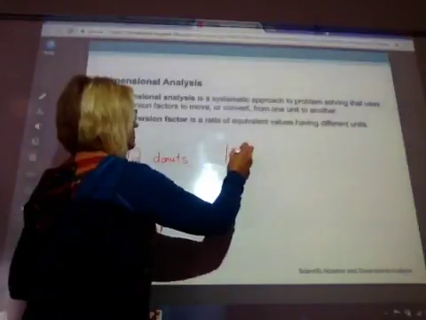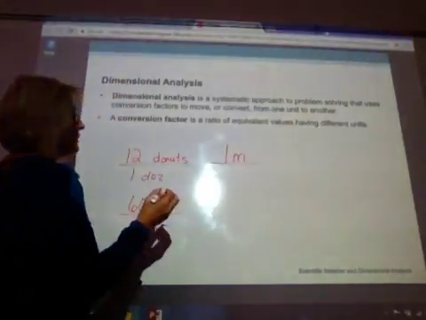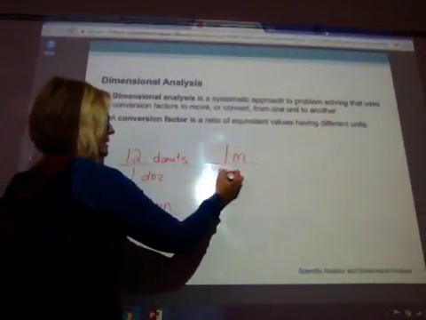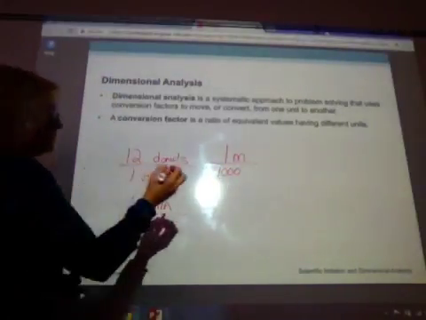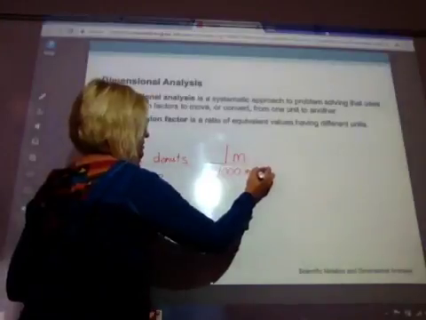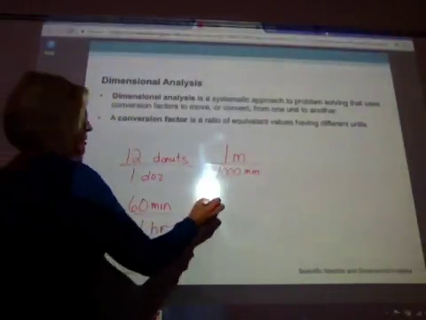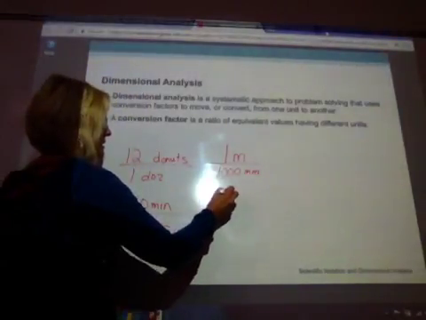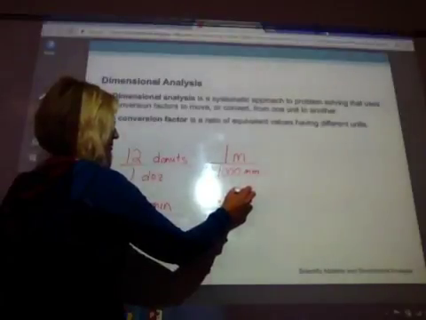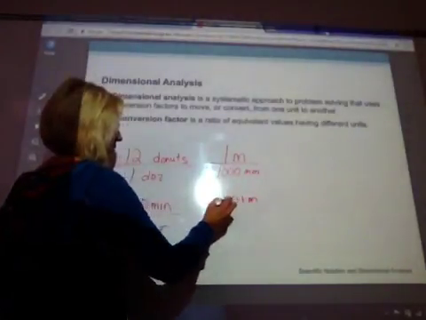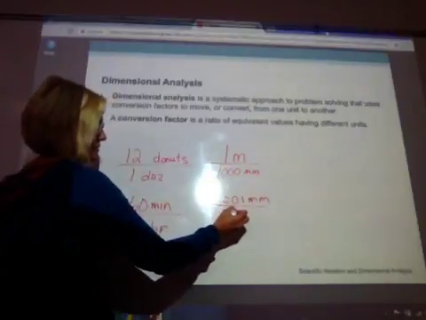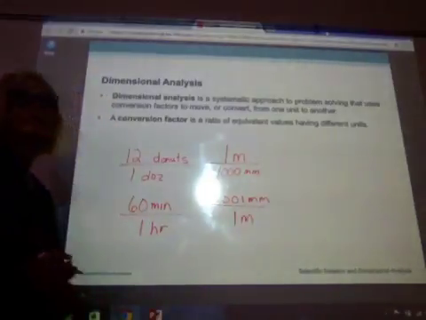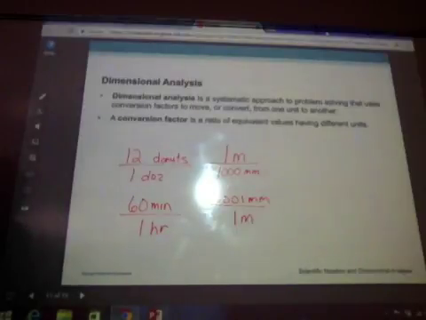1 meter is the same as 1,000 what? Millimeters. That's a conversion factor. 0.001 millimeters is the same as 1 meter. That's a conversion factor.